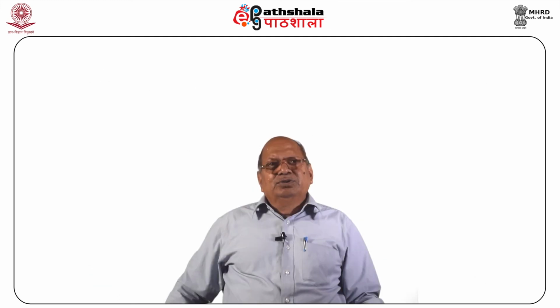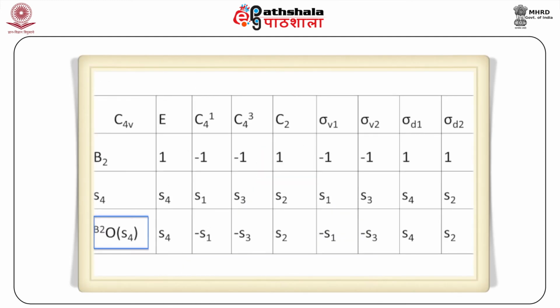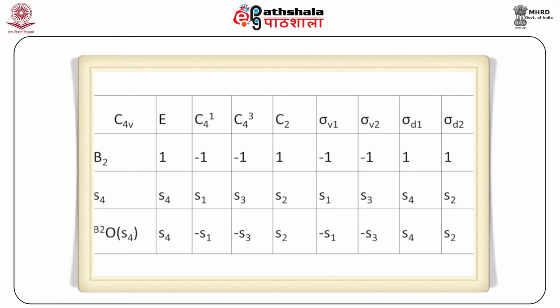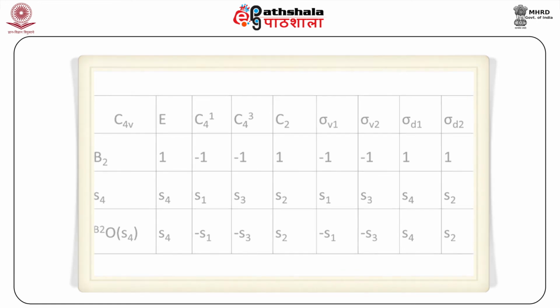Now, if we make use of B2O S4, we again find out how S4 transforms, given in the row against S4, that is S4, S1, S3, S2, S1, S3, S4, S2, like this, and also in the row against B2O S4 I have how S4 transforms.